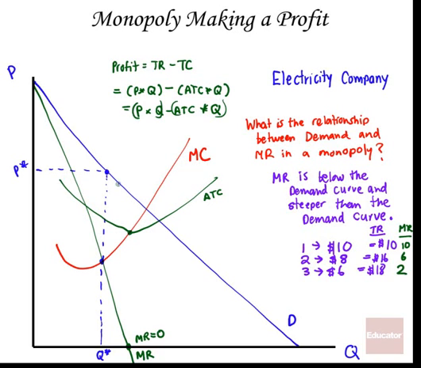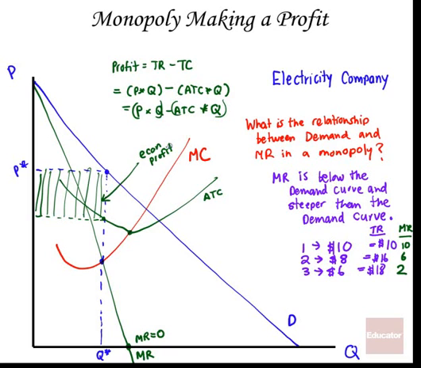What you're going to have here is that this area is going to be the economic profit. So you take this, you subtract this area, and your economic profit, labeled in green, is going to be the area of economic profit.